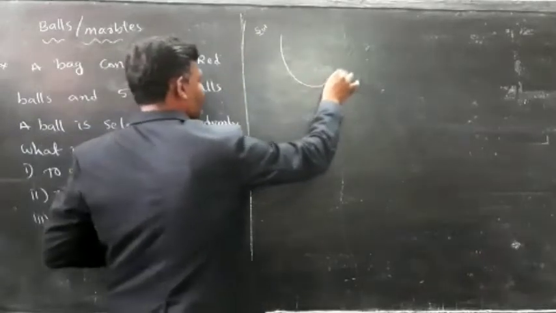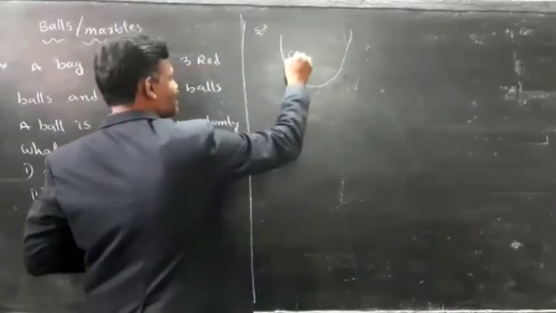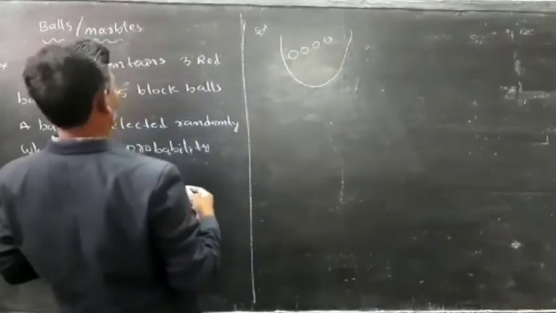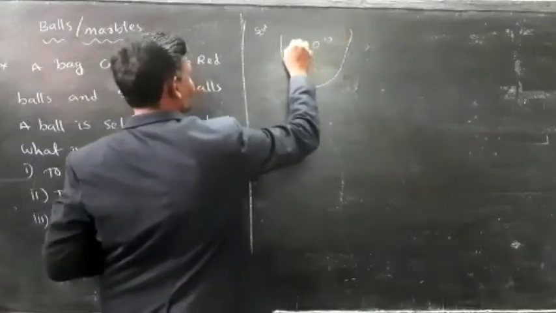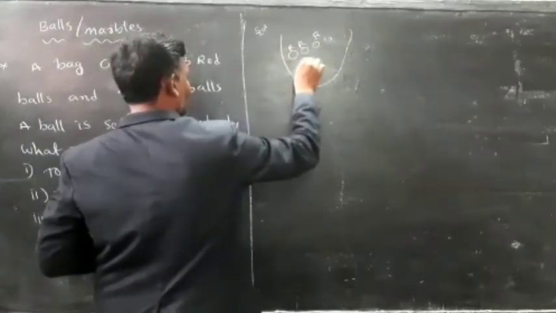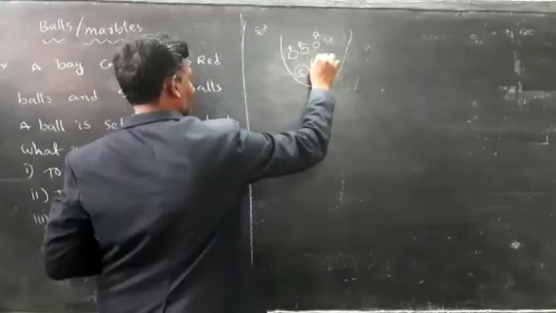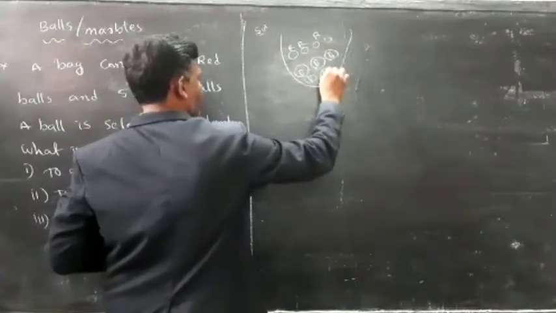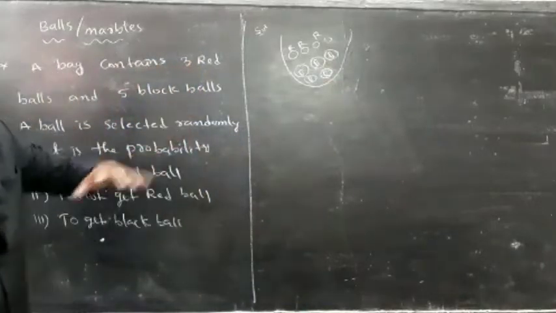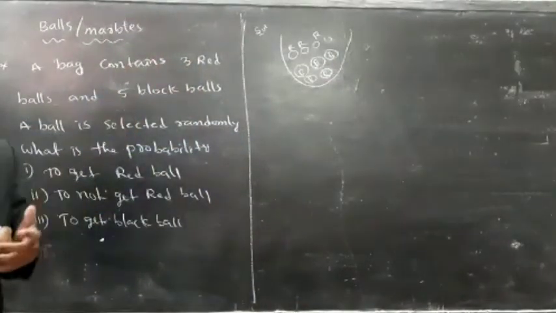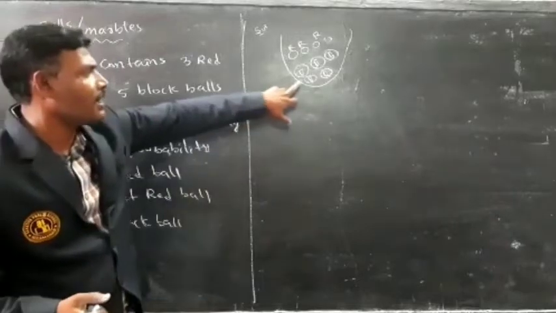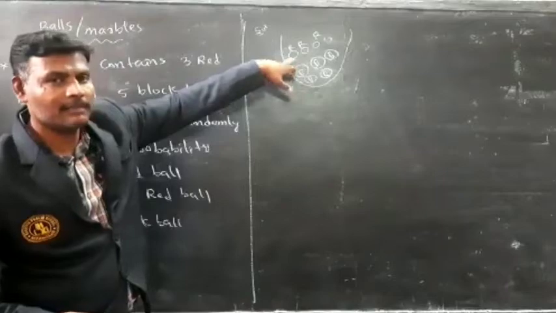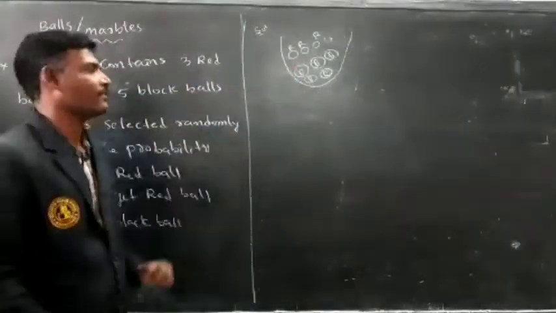One bag contains 3 red color balls and 5 black balls. Here the number of black color balls is more than the red color balls. So black color balls are more likely events, and red color balls are less likely events.